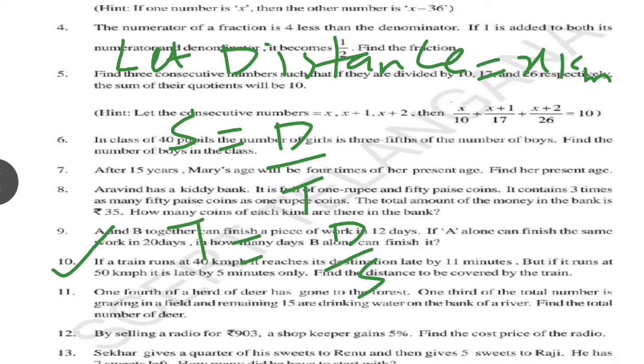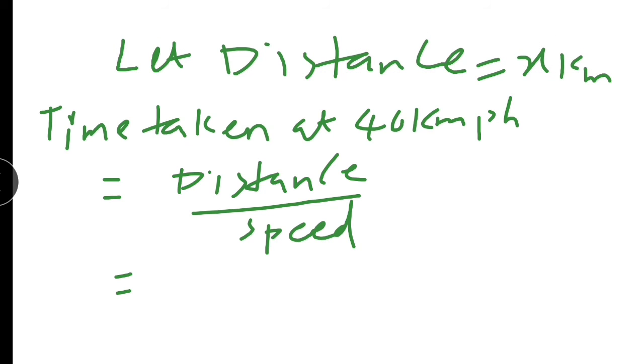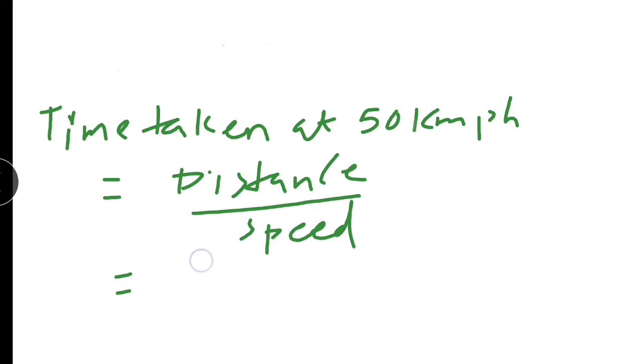So time taken at 40 km/h equals distance by speed. The distance is x kilometers and the speed is 40 km/h. Let's find out one more time at the speed of 50 km/h. The same distance, x kilometers, but the speed is 50. So x by 50 hours.